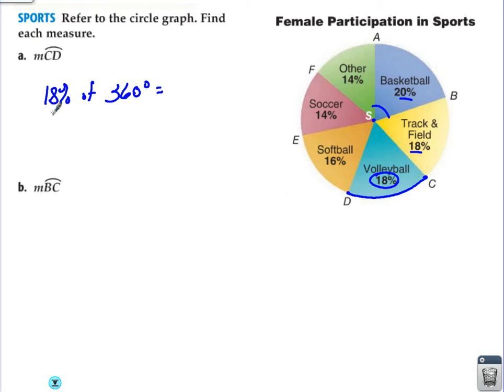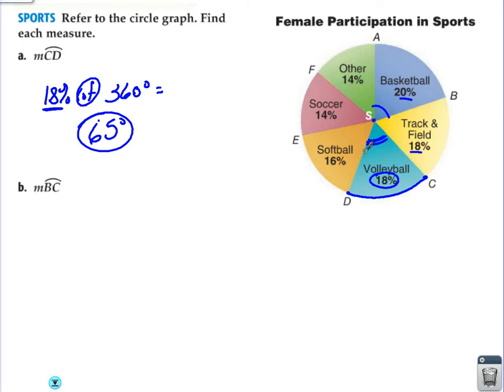So 18%, make sure before you multiply, because of means multiply, you change this to 0.18. Change it to decimal point. That's 64.8, we'll call it 65 degrees. So this arc, and not only this arc, but this angle is equal to 65 degrees.